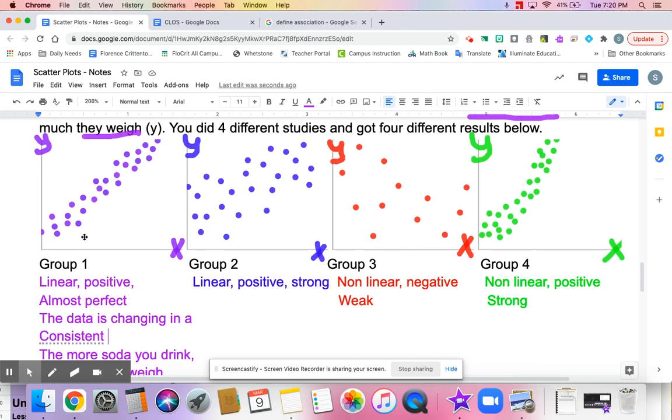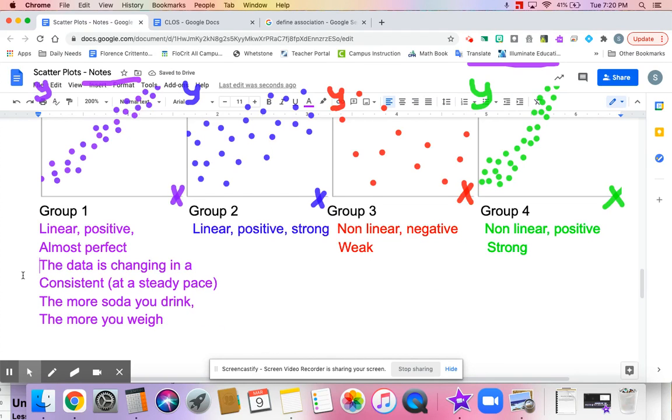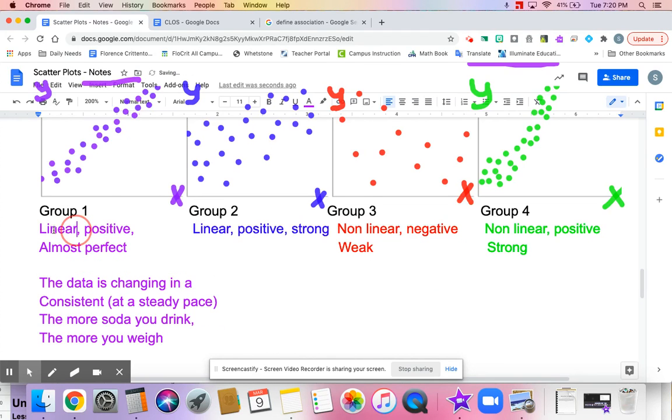When things are linear, they're pretty consistent. Instead of saying changing in a consistent way, you can say at a steady pace. So what I know about the linear is the fact that the data is changing in a consistent way or at a steady pace, whatever you want to call it.